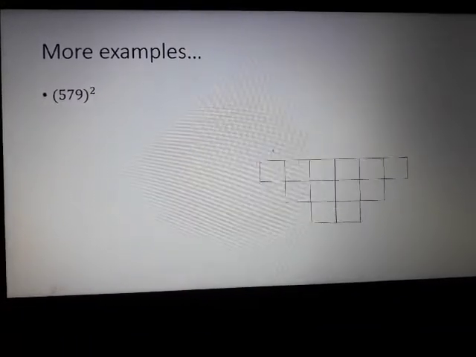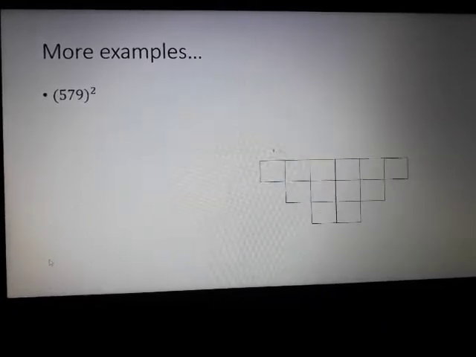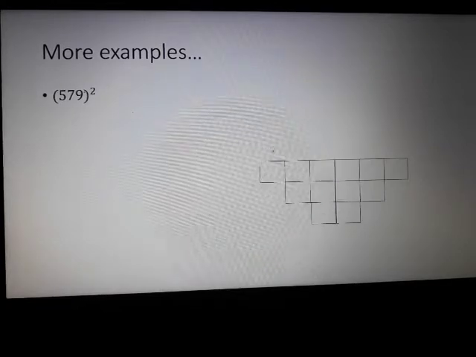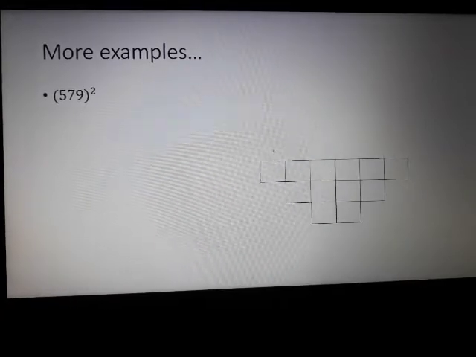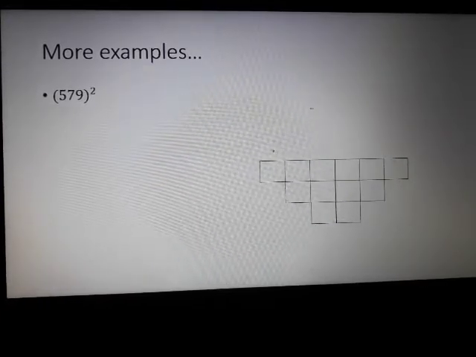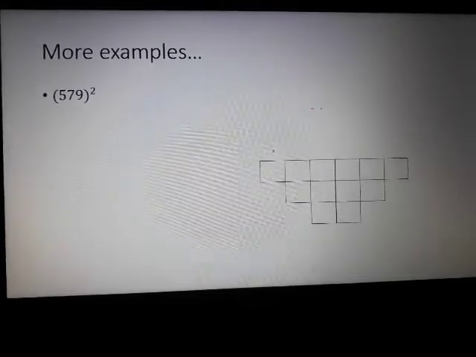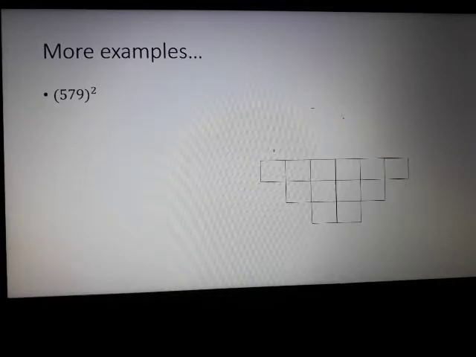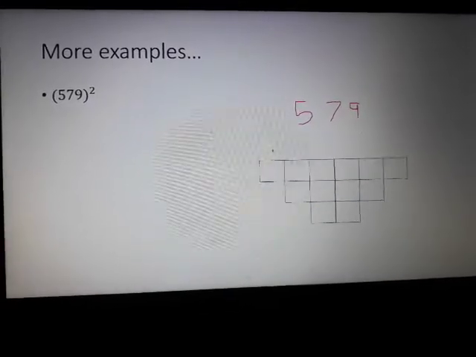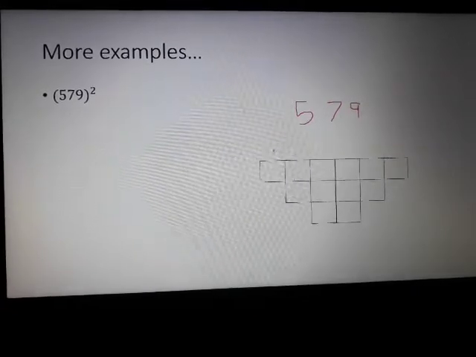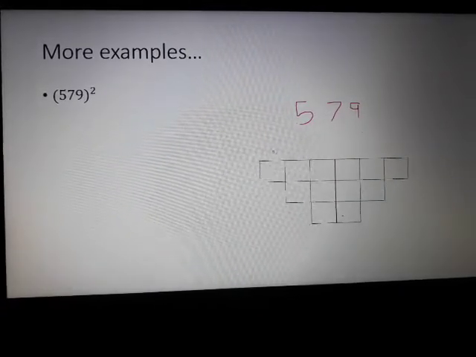So as a practice question we have over here 579 and we are required to find the square of 579. So to begin with, write 579 and after you have written 579 over here, draw the inverse pyramid as shown.